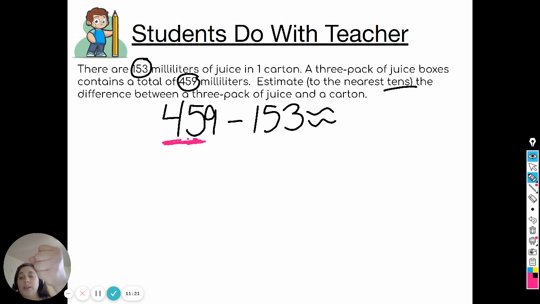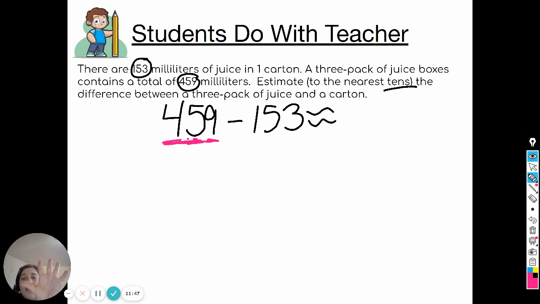Since we're rounding to the nearest tens, this time we're going to be counting by the ones until we get to 459. So hold your balloon, start at 450. Ready? 450, 451, 452, 453, 454, 455.